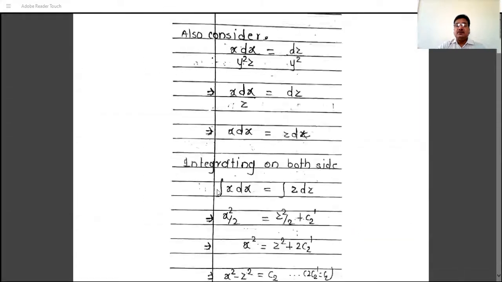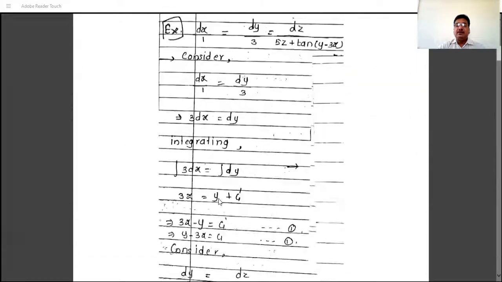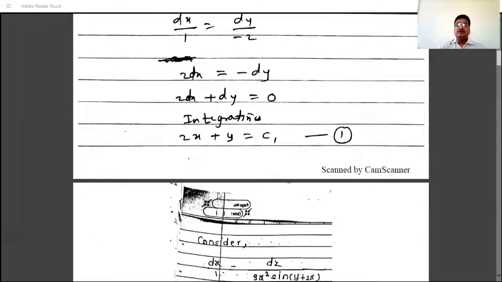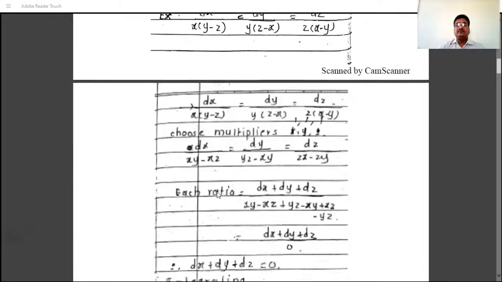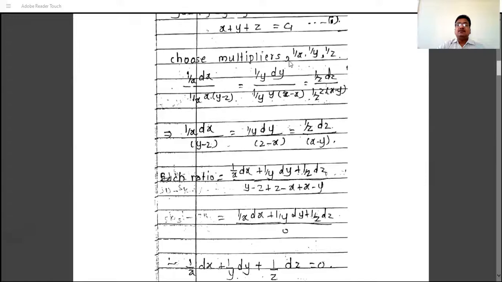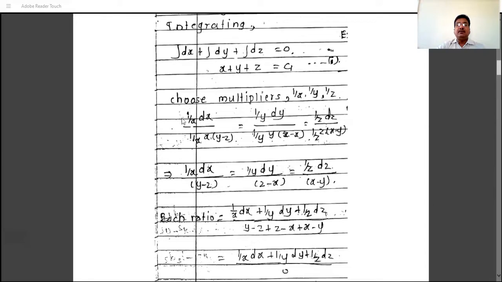So this 1 by x, 1 by y and 1 by z is the second set of multipliers. So what happens?